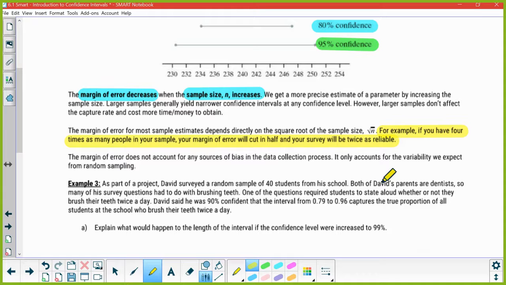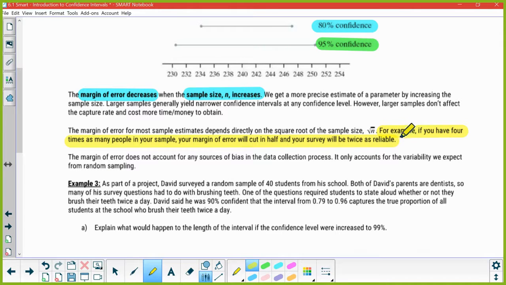So if I wanted to quarter my margin of error, meaning only take a fourth of it, I would have to take my sample size and multiply it by 16. If I wanted to third my margin of error, I'd have to take my sample size and multiply it by 9. That's the easiest way to remember it. This is one of those things that sometimes shows up and sometimes it doesn't, but I like to tell you about it instead.